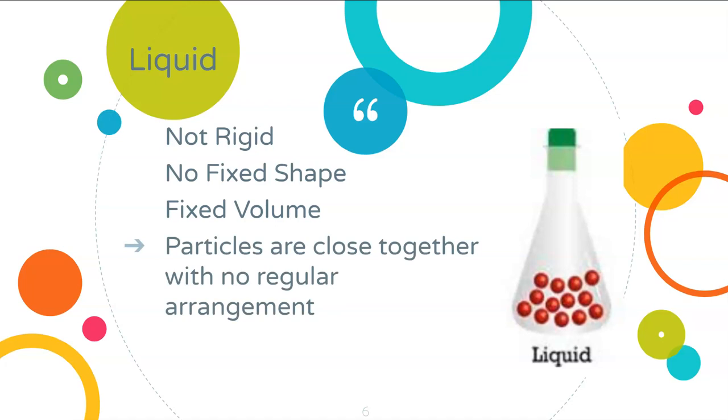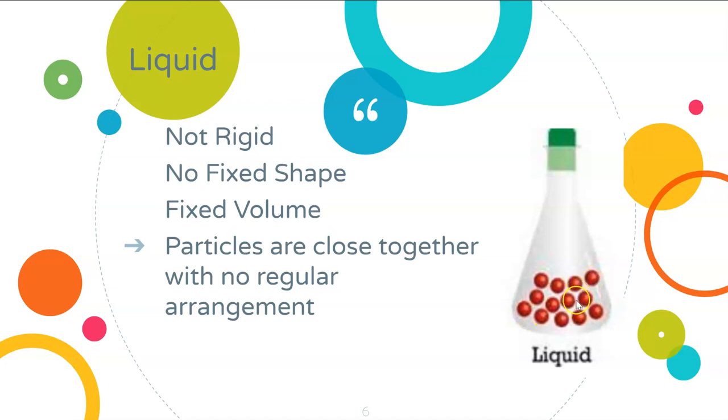Particles are close together. If you take a look, these particles are really close together. They're not quite touching, but they are really close together. There is no regular arrangement, and that means that they're not in rows and columns.